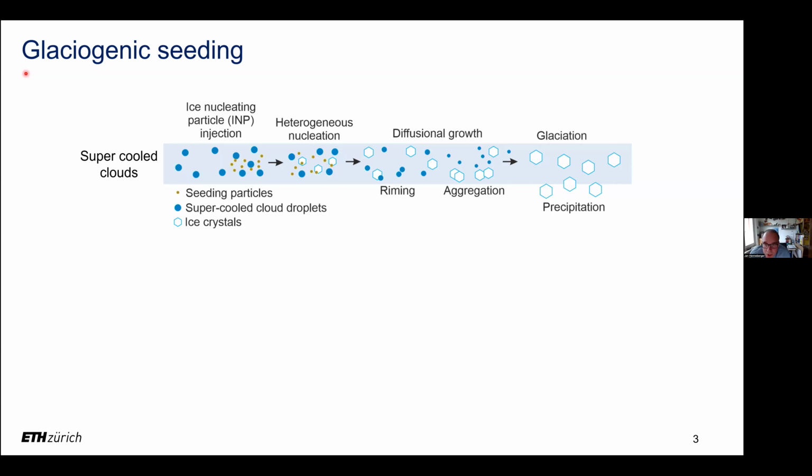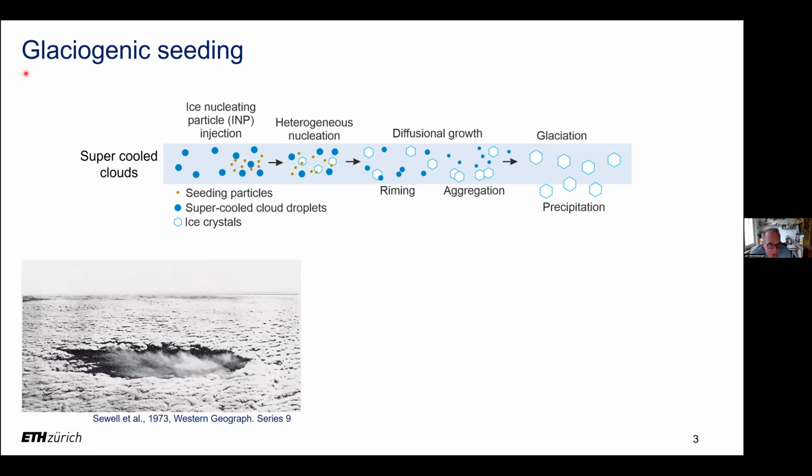It's called the Wegener-Bergeron-Findeisen process. It can be quite an efficient mechanism to transform liquid water to the ice phase. Later on, also collision growth processes like riming and aggregation start to happen. And you can quite quickly have a glaciation of the clouds and form precipitation.